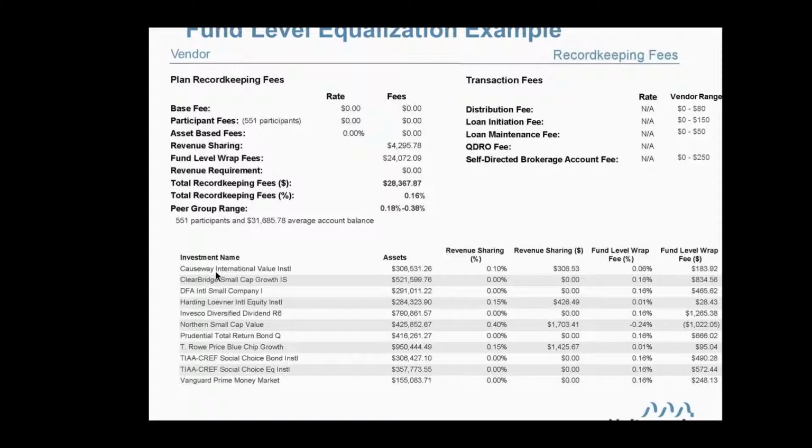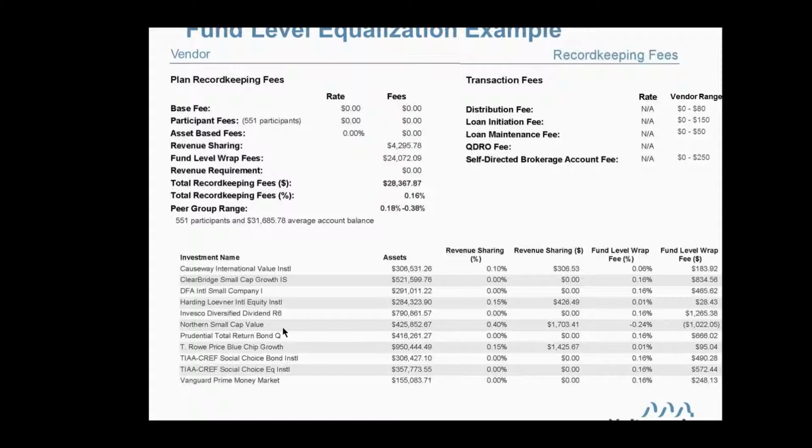Down at the bottom we have the Causeway Fund, which as you can see has a revenue sharing of 10 basis points. But as we talked about, the requirement for this is 16. So this fund is going to have 6 basis points added to the total cost. So the 10 plus 6 equals 16. ClearBridge, however, pays no revenue sharing, so a fund level wrap fee of 16 basis points is added.